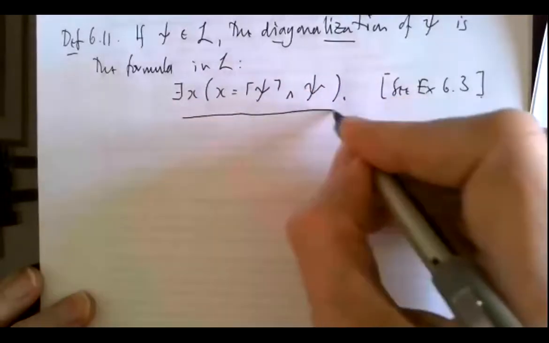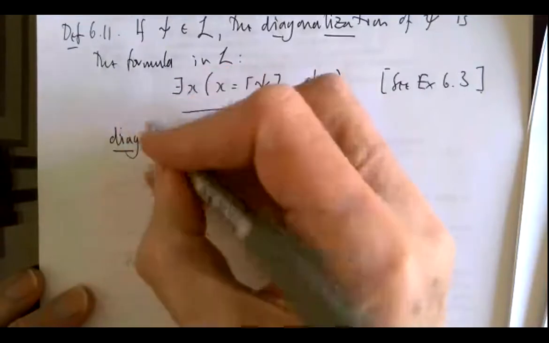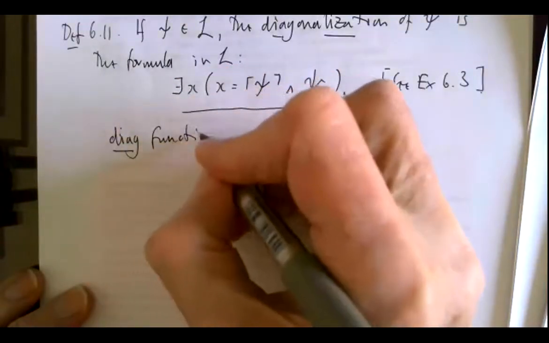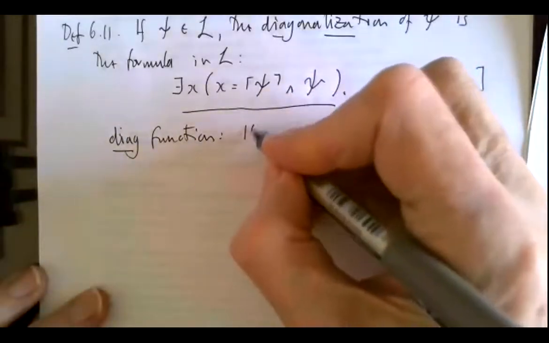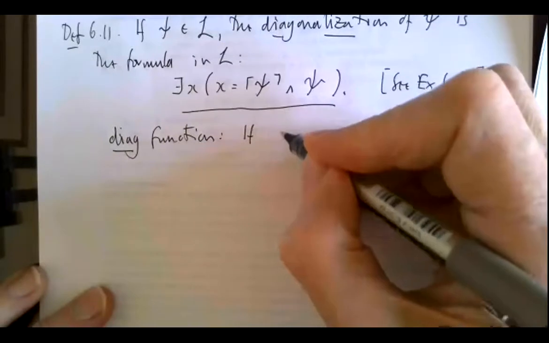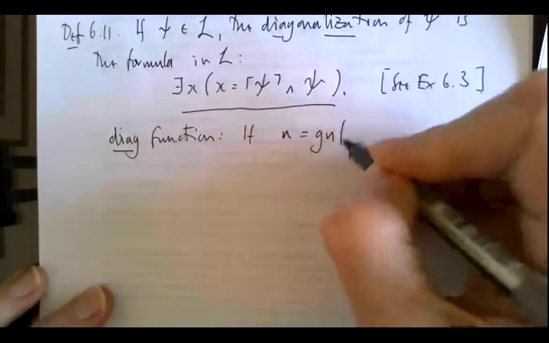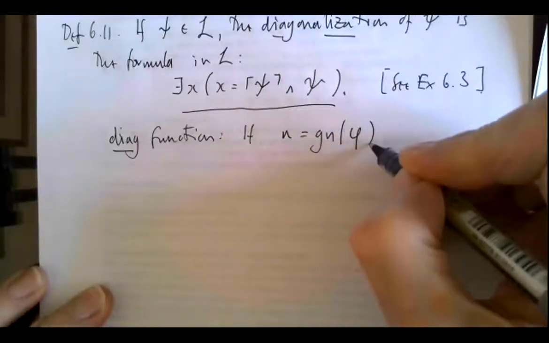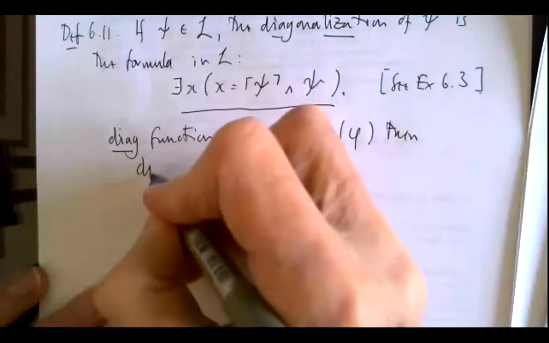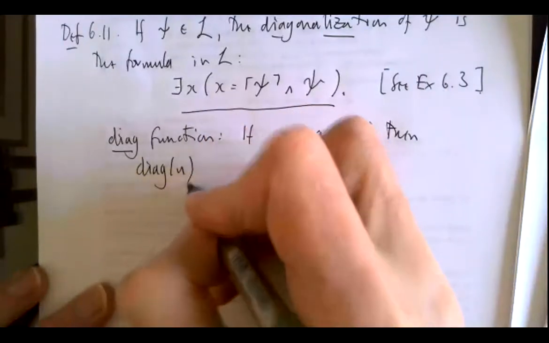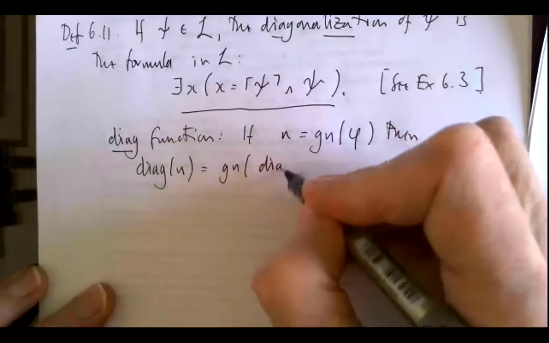So what is the diag function? If n is the Gödel number of some formula phi here, then diag of n is supposed to be the Gödel number of the diagonalization of phi.